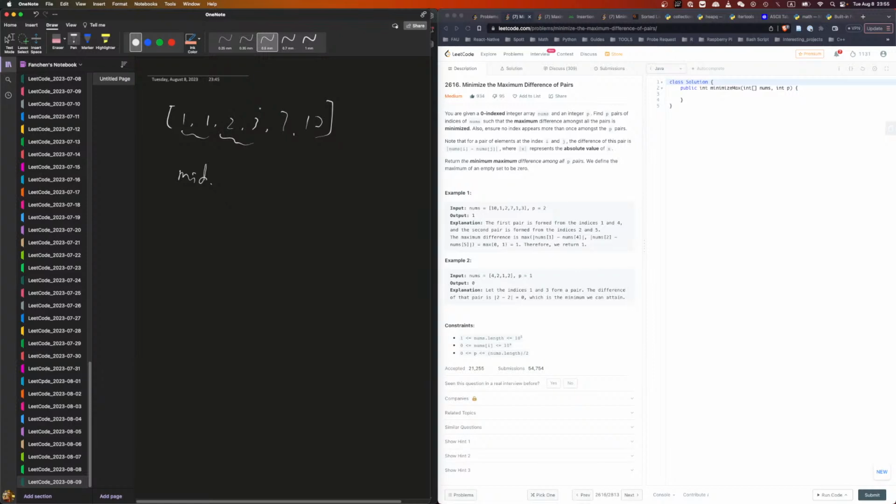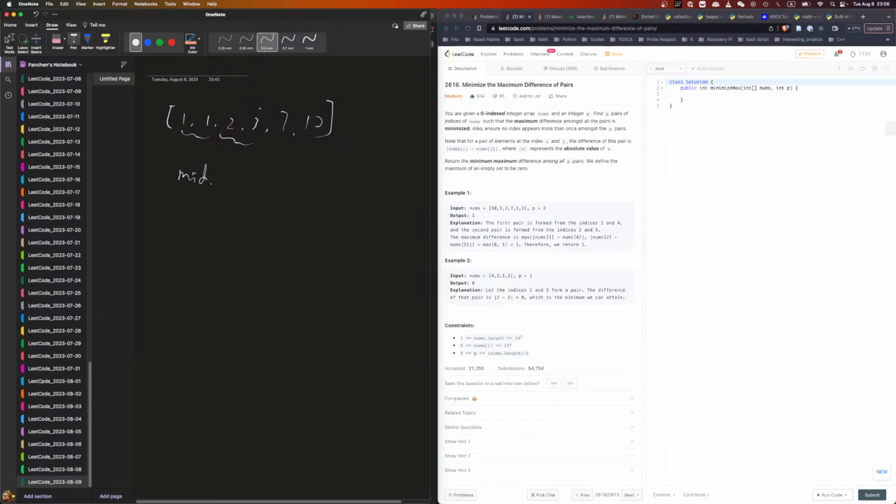The maximum difference among all the pairs is minimized. How do I check if it's possible, right? They give you a mid difference. How do I know if there are enough pairs?